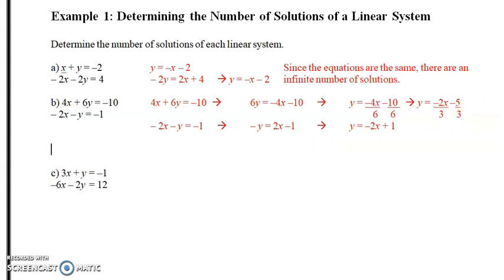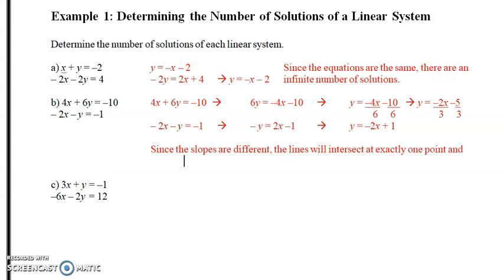So since, make this red, my apologies, since the slopes are different, the lines will intersect at exactly one point, and the linear system has one solution, right?